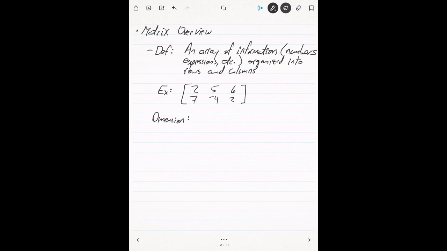So the dimensions really describe the row number versus the column number. You have to describe how many rows there are and how many columns. So when talking about the dimension of this matrix, you would say whatever the row number is by the column number.